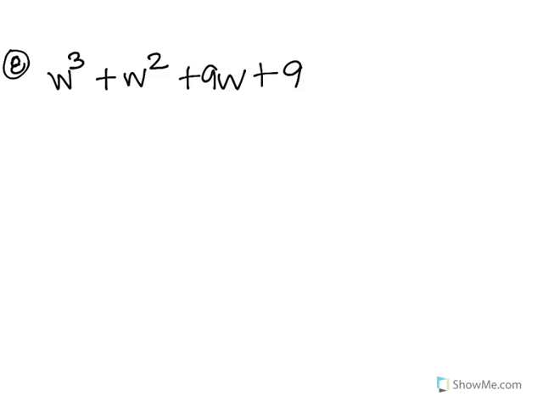Number 8, we got w to the 3rd plus w squared plus 9w plus 9. Now this goes back to the very first thing we did in factoring in 6-1. We talked about GCF and grouping. This is considered grouping. You have 4 terms, and that's something to look for, okay?